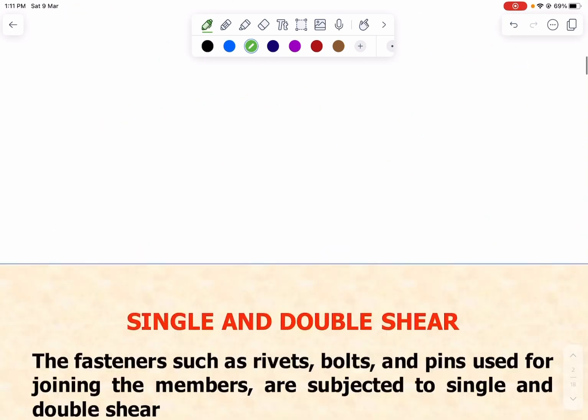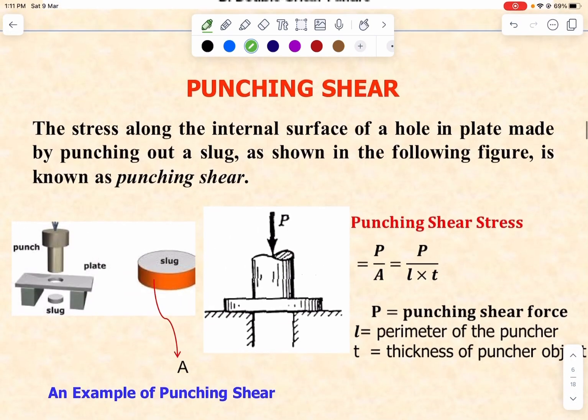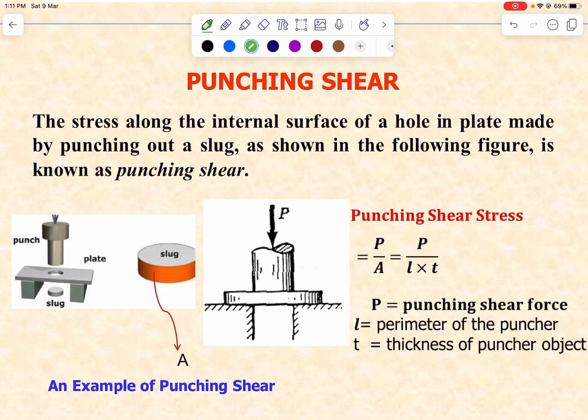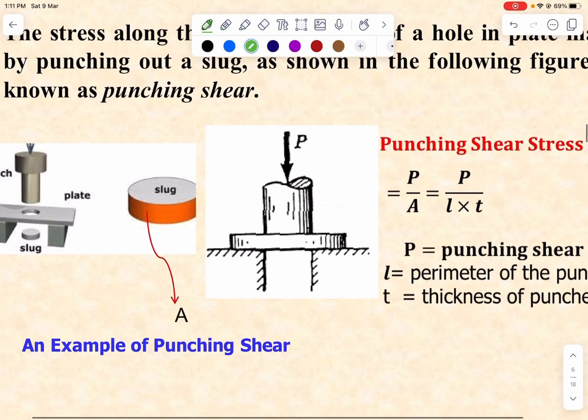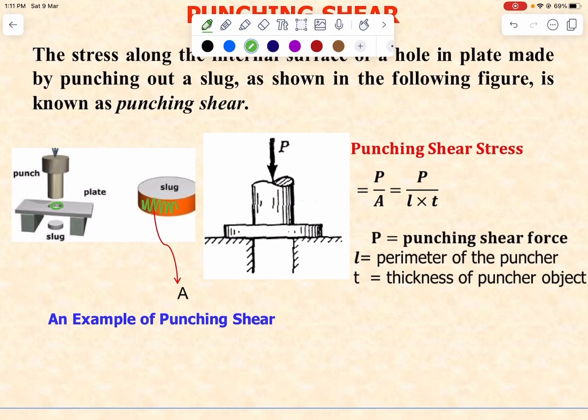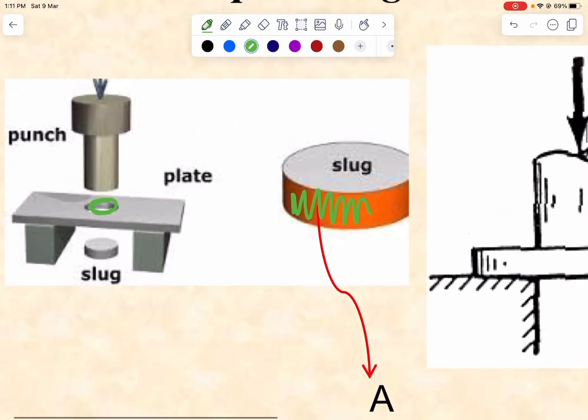Now we will go to the punching shear. The stress along the internal surface of a hole in a plate made by punching out a slug, as shown in the following figure, is known as punching shear. So punching shear يعني زي نقول قاعدين ندفع أو نحاول, it's resisting sliding in this area هذه. فهير this area will be equal to the circumference times the thickness.